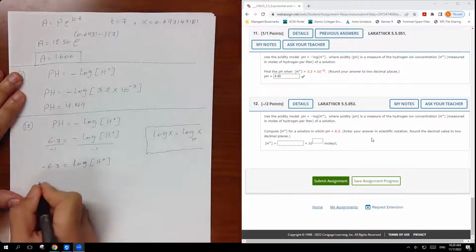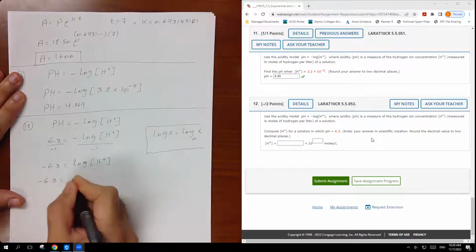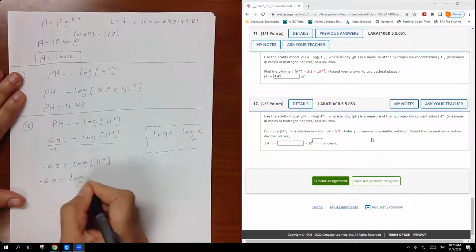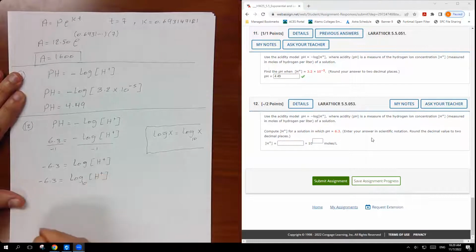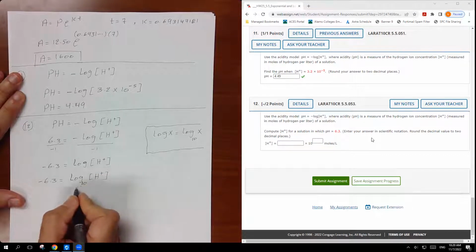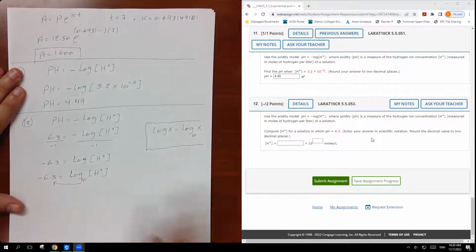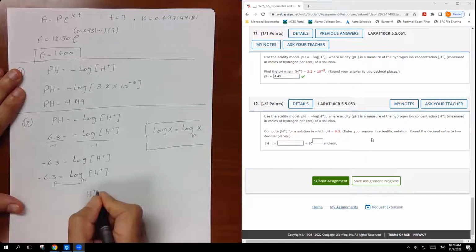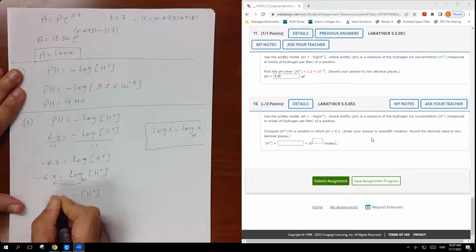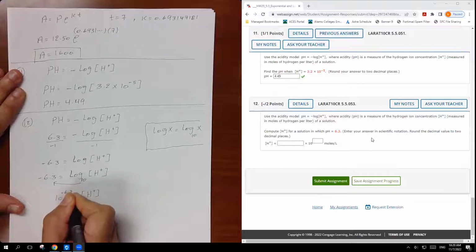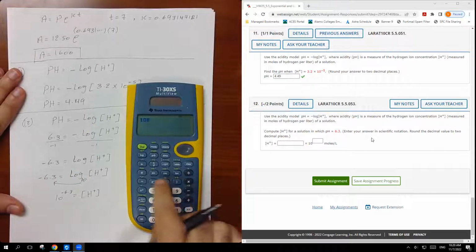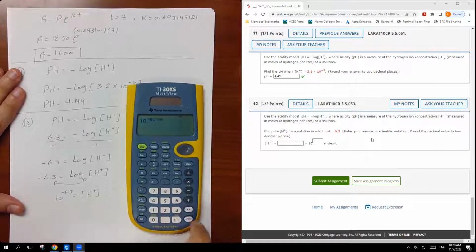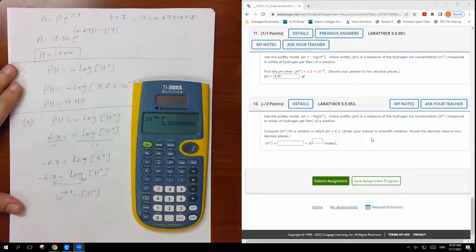That means this is negative 6.3 equals log to the base 10 of H plus. Now we're going to move this to the other side. So H plus is going to be 10 to the negative 6.3. You're going to go ahead here and say 10 to the exponent negative 6.3. The result is going to be 0.0000501.